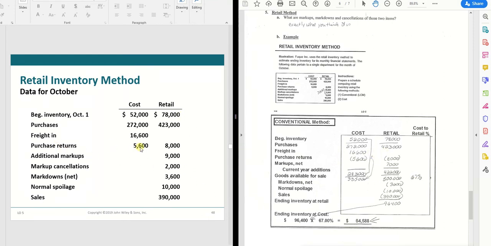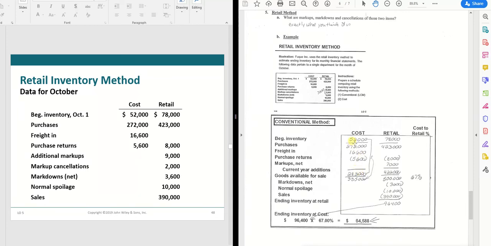Purchase returns are 5,600. They're subtracted. So remember, we talked about this on the other one. Purchases, less returns and allowances, less discounts, plus freight in equals net purchases. So that's all I've done over here. Purchases plus freight in minus returns gives me net purchases.